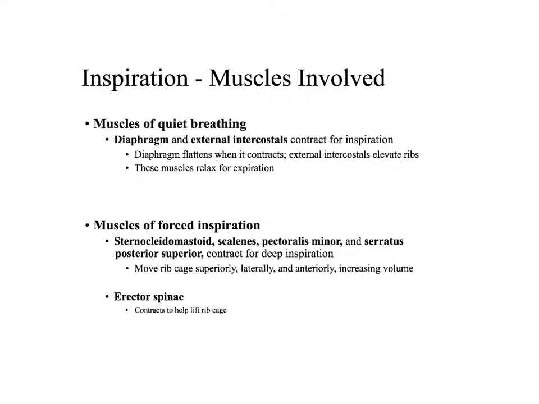Now, when we go to inhale, let's draw a thoracic cavity. So there's the diaphragm. When we go to inhale, the diaphragm and the external intercostals, which you remember, they're in between your ribs, contract for inspiration.